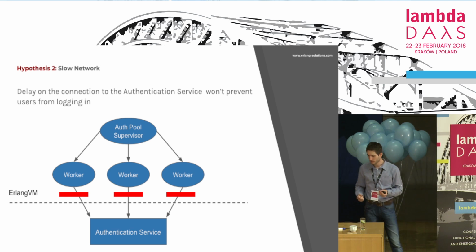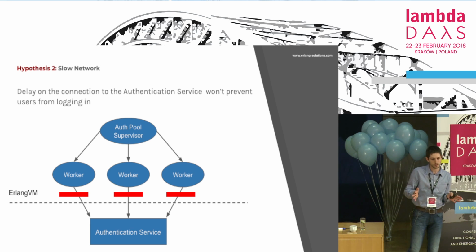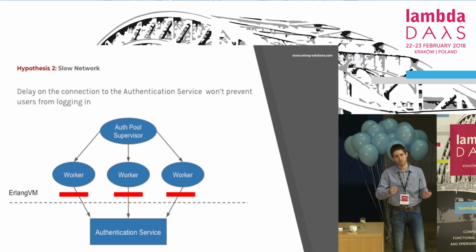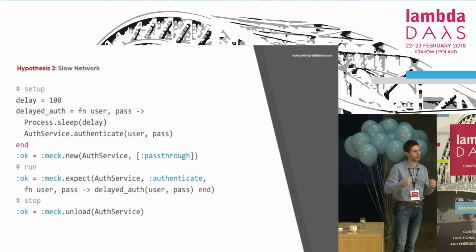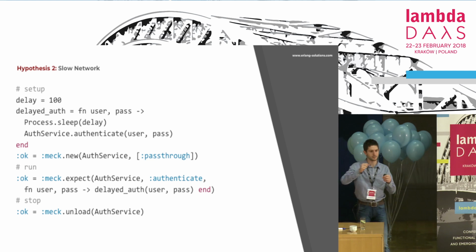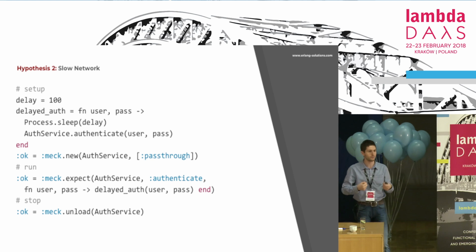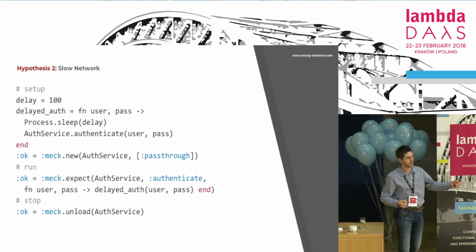And to achieve it, again, we defined a function. Basically, we used the mocking technique. So what we did, we put a mock instead of the original module that was calling the authentication service, and added artificial delay. We defined a delay auth function that takes user and a password, and added some sleep so that we have this delay in place, and then we would call the original function that eventually calls the authentication service.